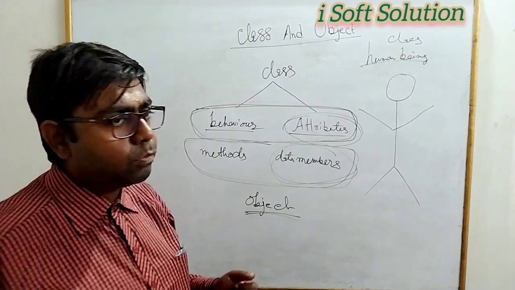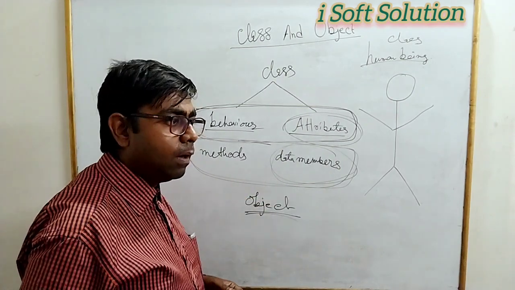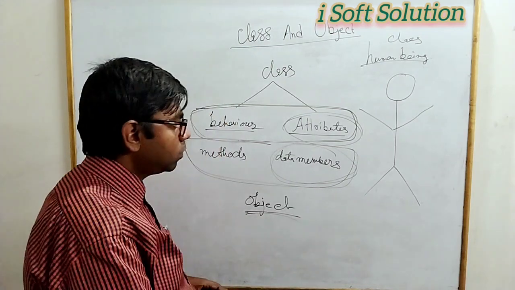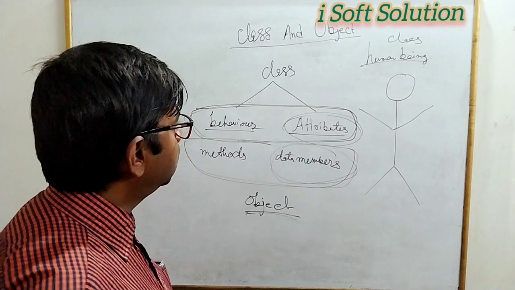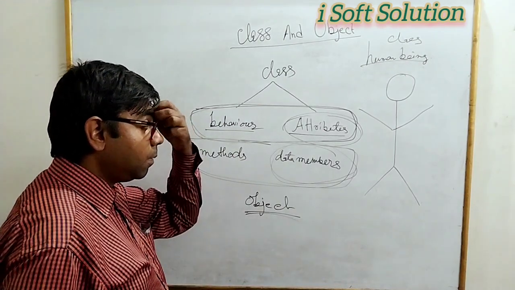In programming concept, we can create more than one object of a class, and we can uniquely identify this object by their name. So now I am going to discuss the object and class concept with the program.